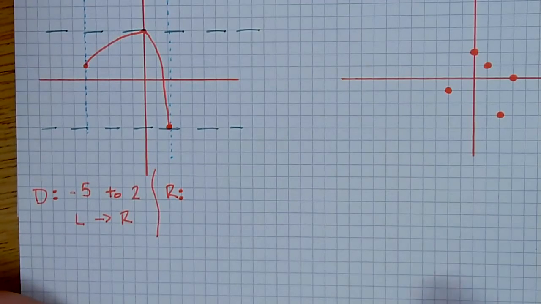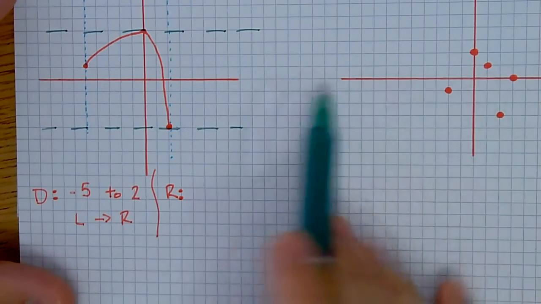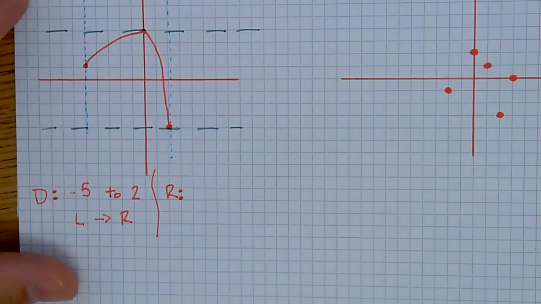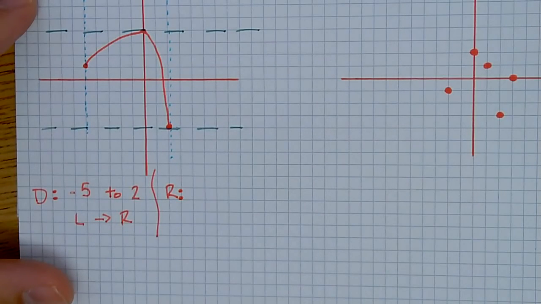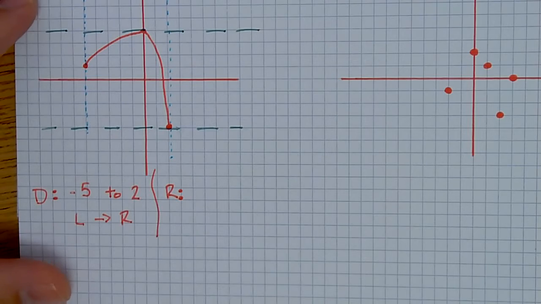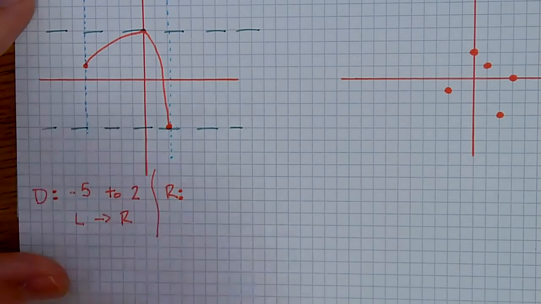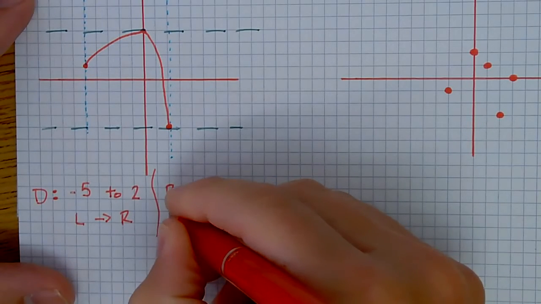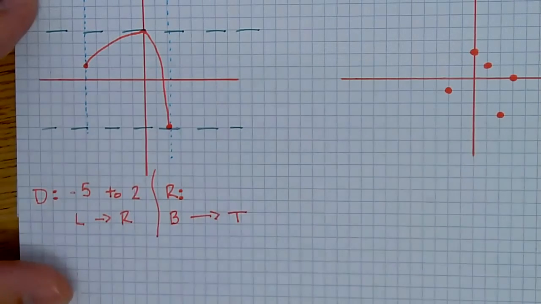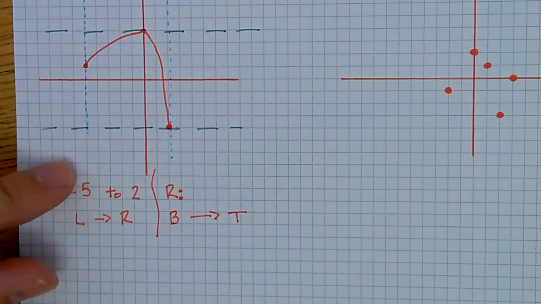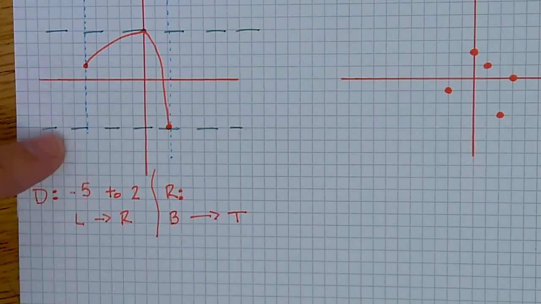Again, I'm going to use dashed, dotted lines, just because for me personally, it helps me organize it a little bit better. Range is going to go from your bottom number to the top number, or the lowest to the highest.